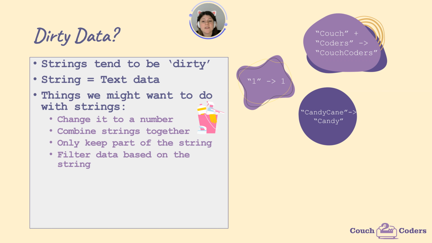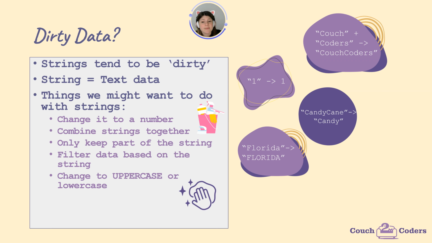We might also want to filter data based on the string. And that can be a little tricky, because suppose I want to find all rows that say Atlanta. Well, some people typed in Atlanta all caps. Some people did lowercase. Some people did proper case. Someone misspelled it. How are you going to create a filter that's going to capture every single scenario that has Atlanta in it?